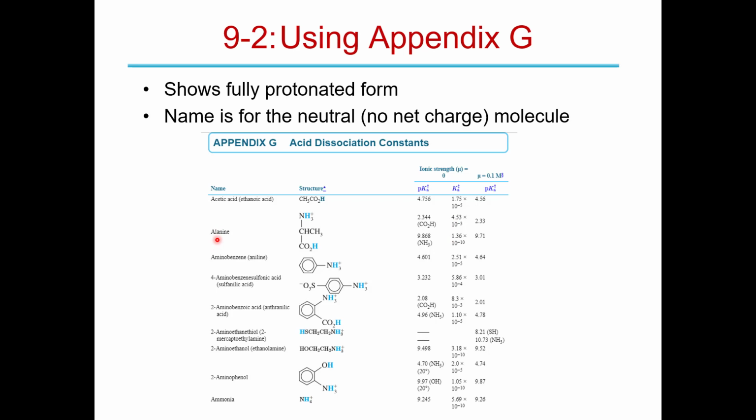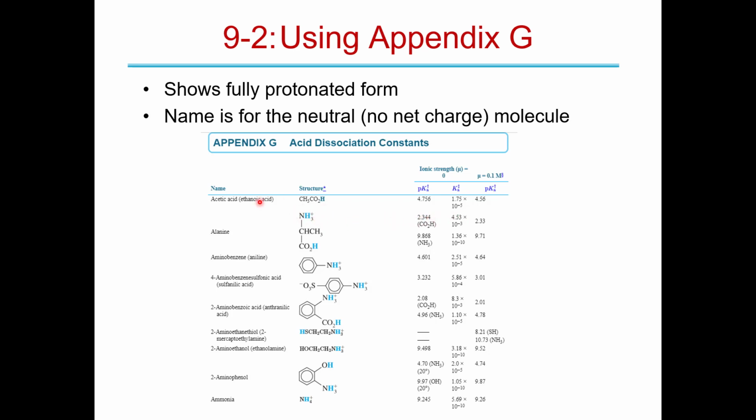In some cases, you will see that there are polyprotic acids where you have more than one ionizable proton. For example, the amino acid alanine: you can ionize both the carboxylic acid H off that molecule, and also the H that's attached to this NH3 plus group, the ammonium group. It lists next to the structure what the Ka is.